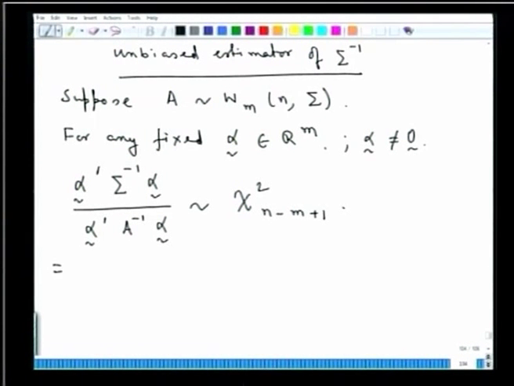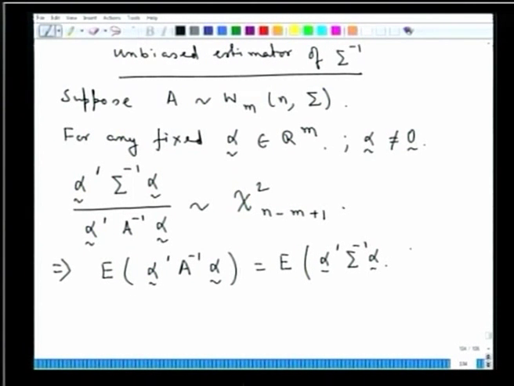Now this would imply that if we look at the expectation of alpha prime A inverse alpha, which we are doing for a general Wishart distribution, we will use that in order to get to this unbiased estimator of sigma inverse. Let me write that as alpha prime sigma inverse alpha multiplied by alpha prime A inverse alpha divided by alpha prime sigma inverse alpha.